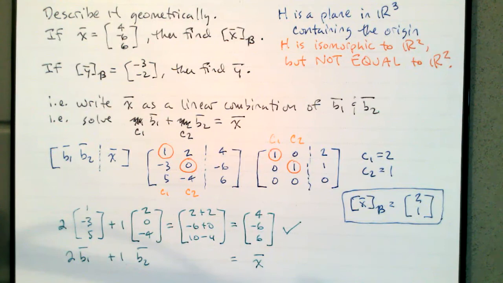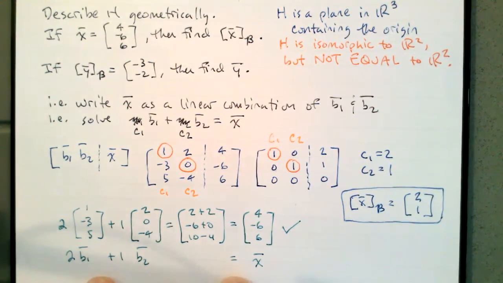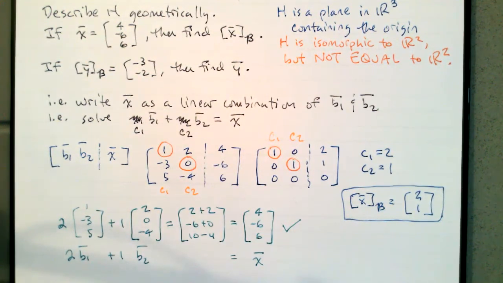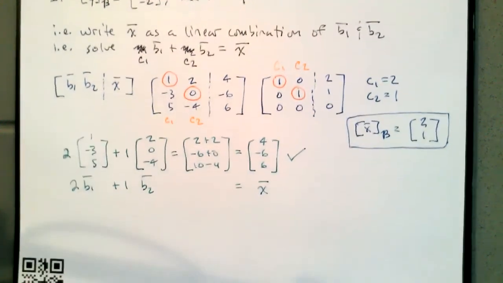We can also note that even though I checked with a vector equation, because I originally formulated the problem as a vector equation, we also know that if we multiply b coordinates by the standard coordinates of the b vectors, that will give us the standard coordinates.